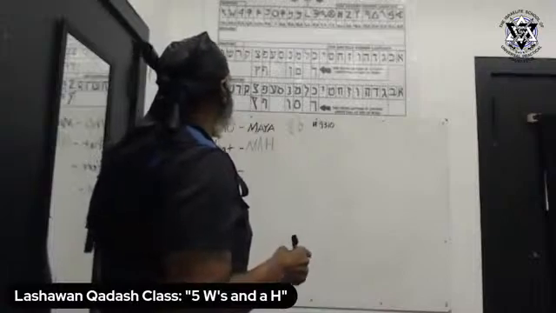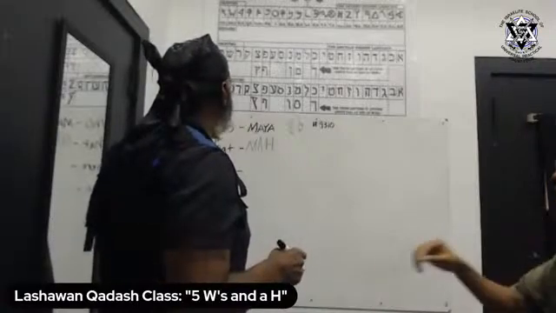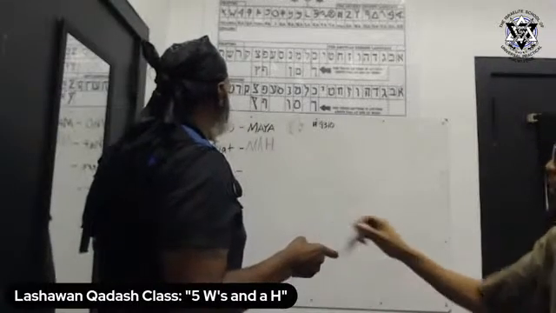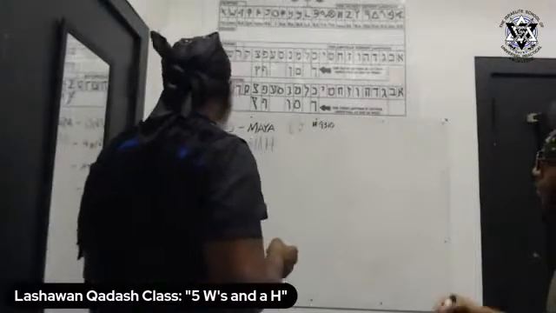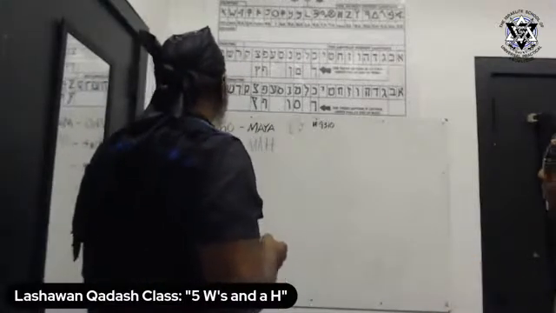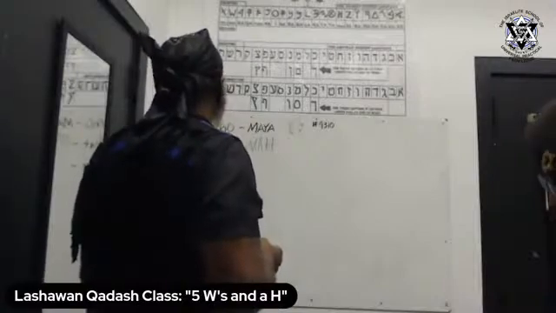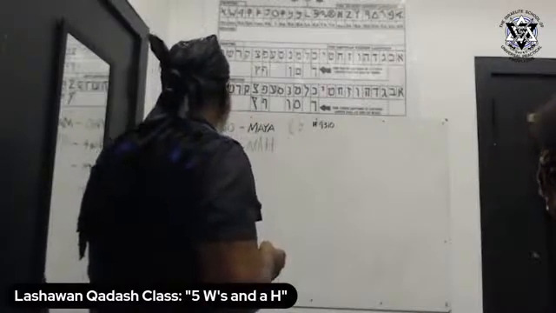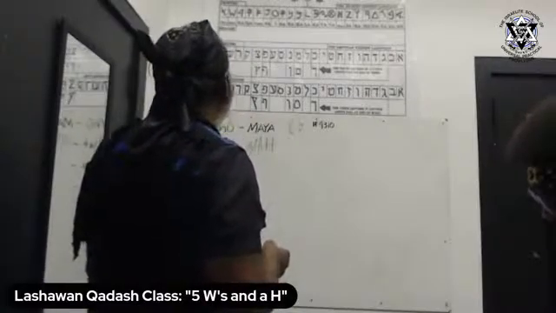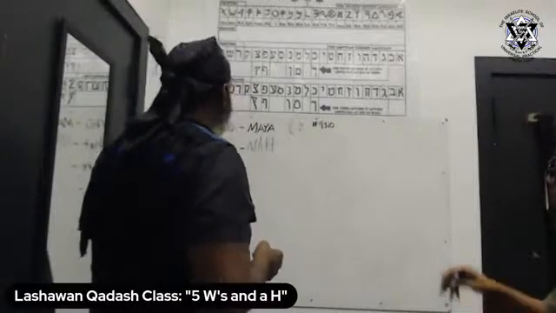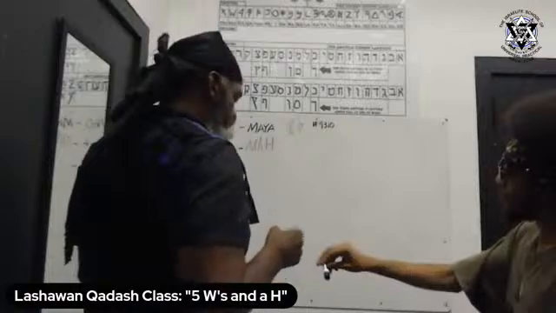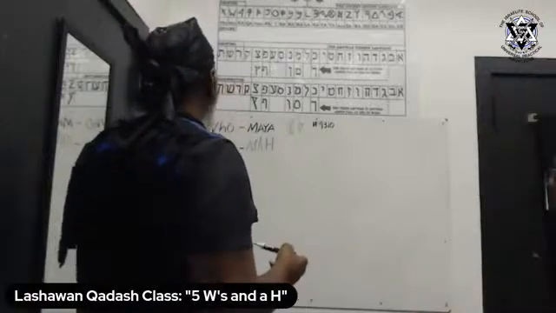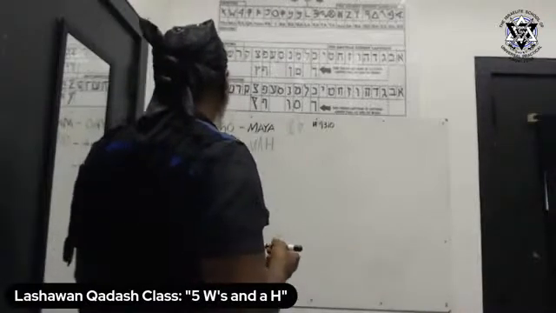Ma is how you would pronounce what. Not too long ago, we actually went over a few sentences, and we used the word what. So ma in Hebrew is going to be what? What, right? Or where.